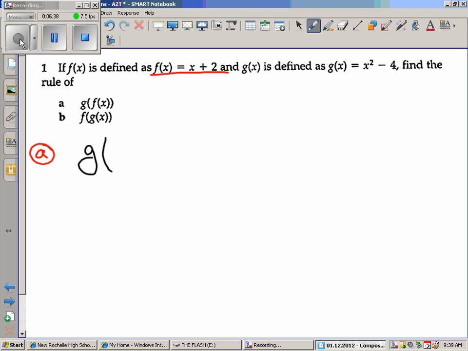So g of f of x. This is the same thing as me saying take the g equation, and into the g equation, we're going to sub x plus 2.